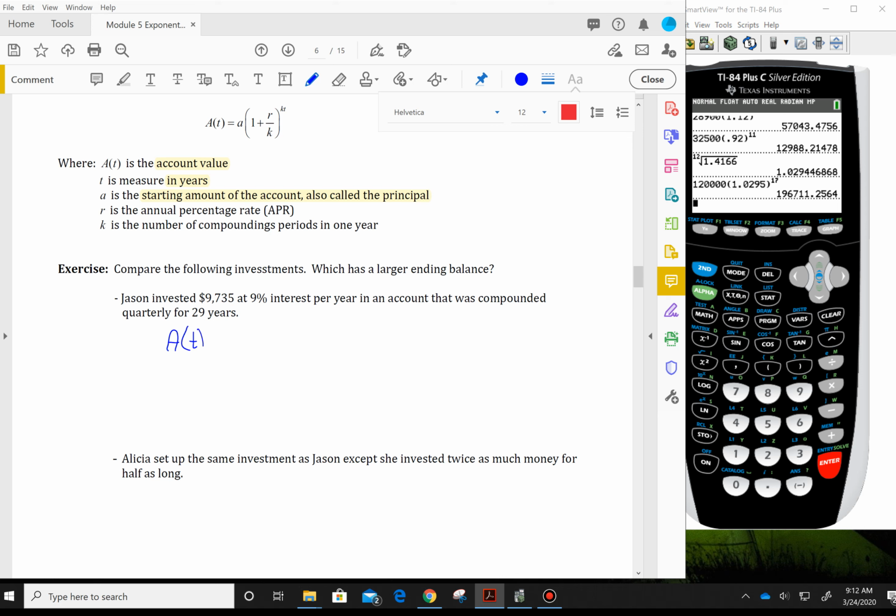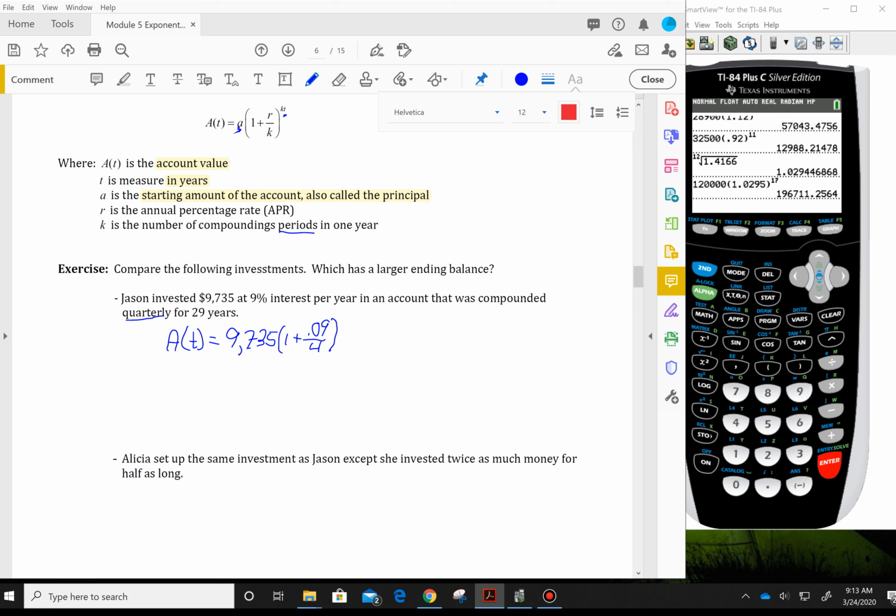A of t equals A, your starting amount, which he started with, 9,735, times 1 plus R, your interest rate, written as a decimal, 0.09, divided by K, the number of compounding periods in 1 year. Here they're telling us we're compounding quarterly, 4 times per year.